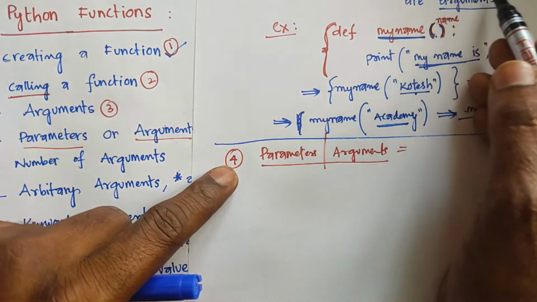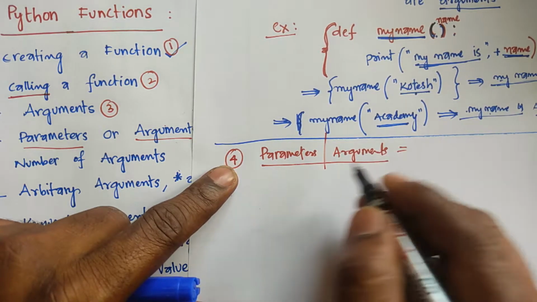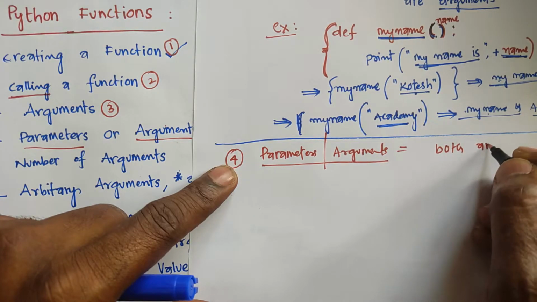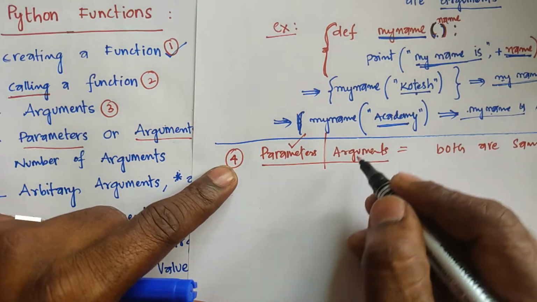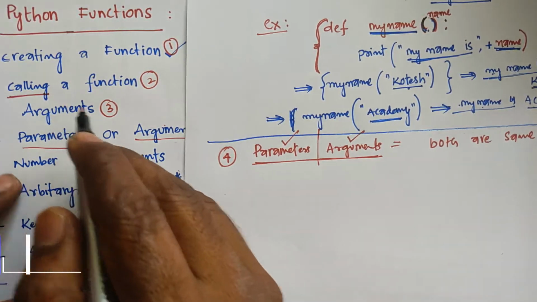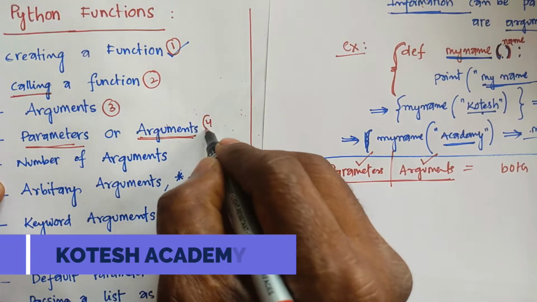So information that can be passed into a function. That's why both are the same. Sometimes you may call them parameters, sometimes arguments. That is the concept of parameters as well as arguments. This is actually the fourth one.